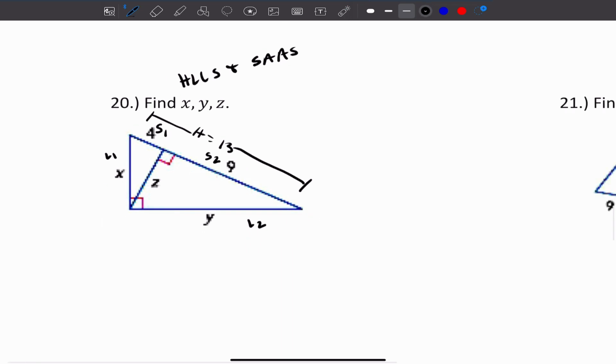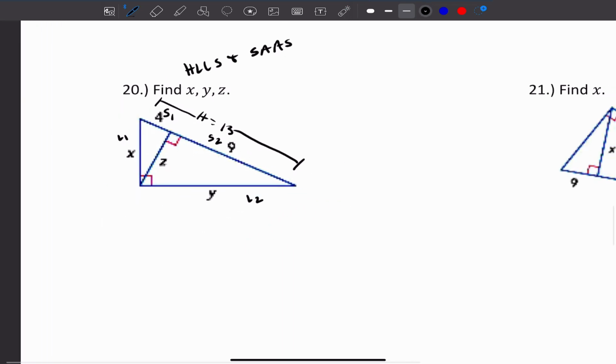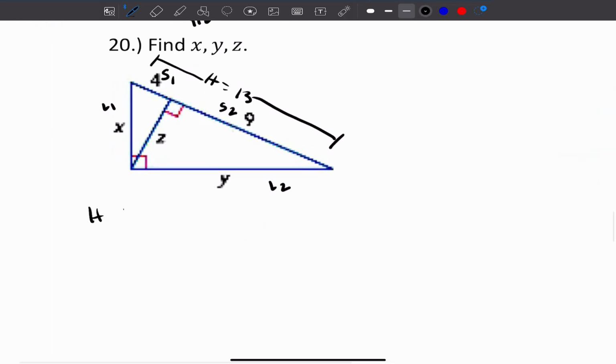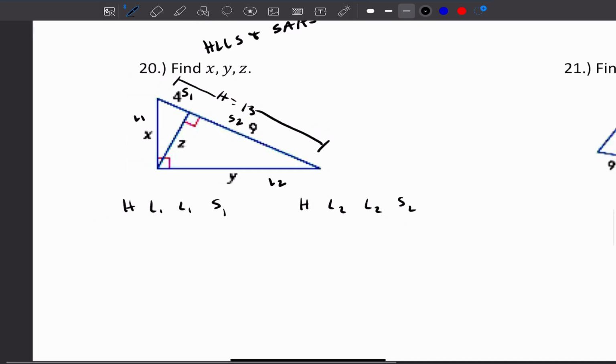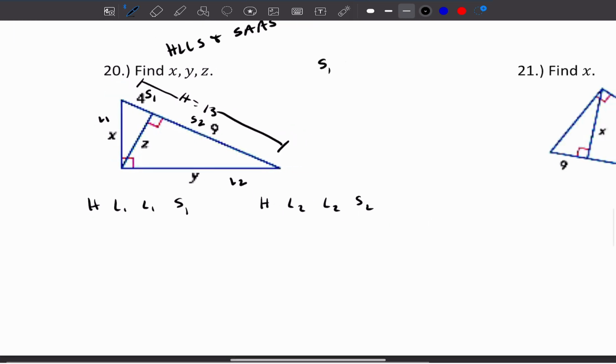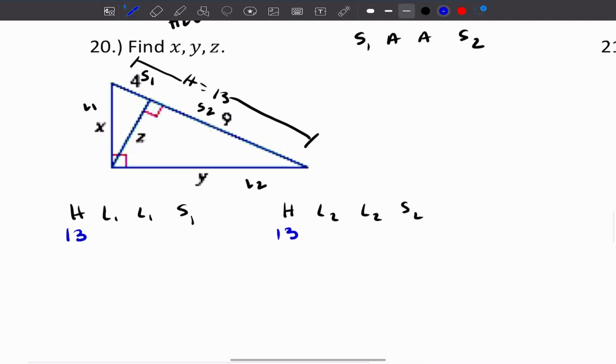So then, let me go and write my organizer out. So this is H, L1, L1, S1, H, L2, L2, S2, and then we have, I'm going to put segment 1, altitude, altitude, segment 2 there. Okay, the hypotenuse is 13, so I will put 13 here, 13 there. The altitude, oops, I forgot to label this the altitude.